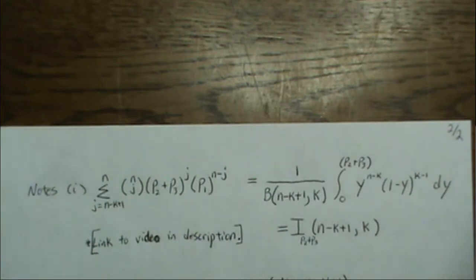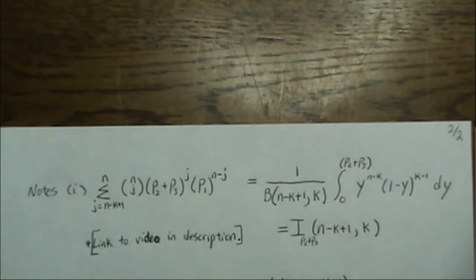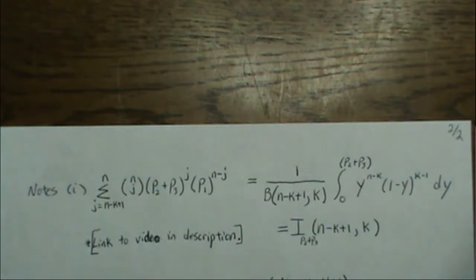Okay, and then it's a quick algebra, u-substitution, to show that 1 minus this incomplete beta, you can rewrite it as an incomplete beta. Instead of parameter P2, P3, it's 1 minus P2, P3, and you switch the alpha and the beta parameters in the incomplete beta.